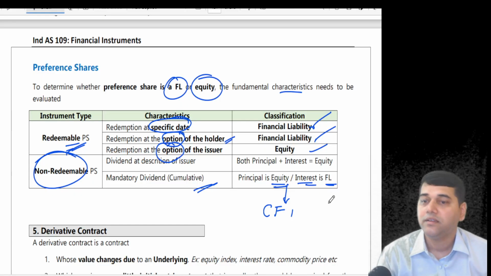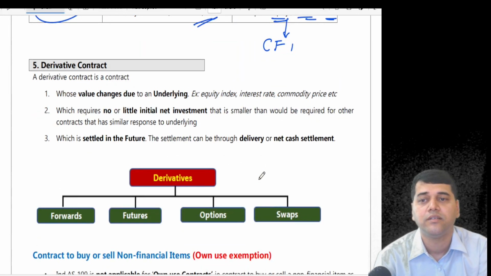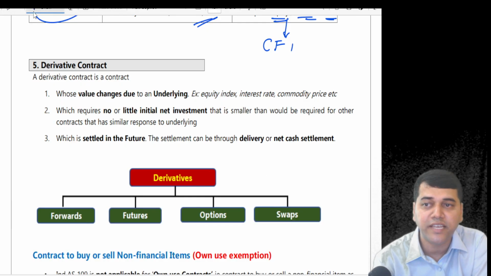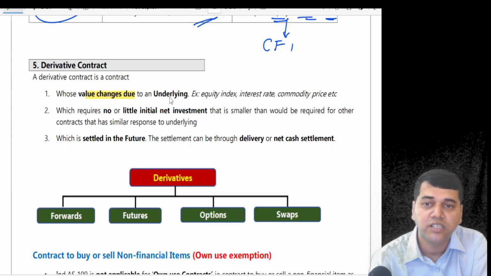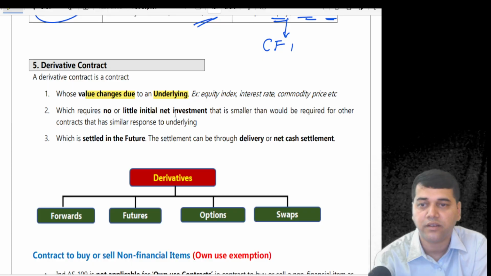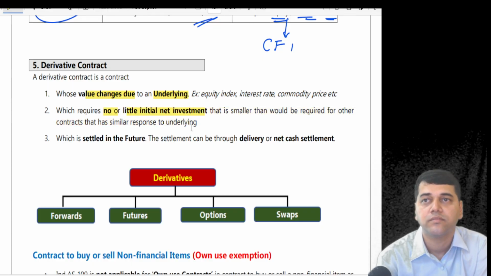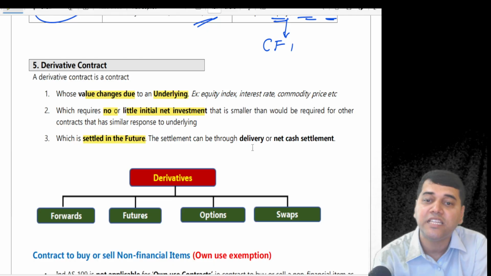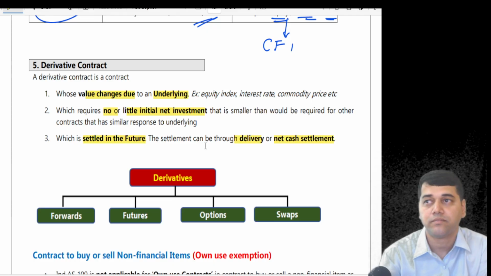Okay. Now we will talk about the derivative contract. What is a derivative contract? The accounting standard gives the definition that a derivative contract is any contract where the value is going to change based on the underlying, that means index, rate, commodity price, etc. It has no or little initial investment, and it will be settled in the future through delivery or net settlement.